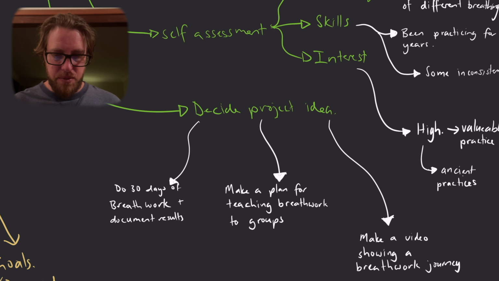I just wrote 3 different ideas here that I could choose. The first idea was I could do 30 days of breathwork and document my results. So that could be a project.